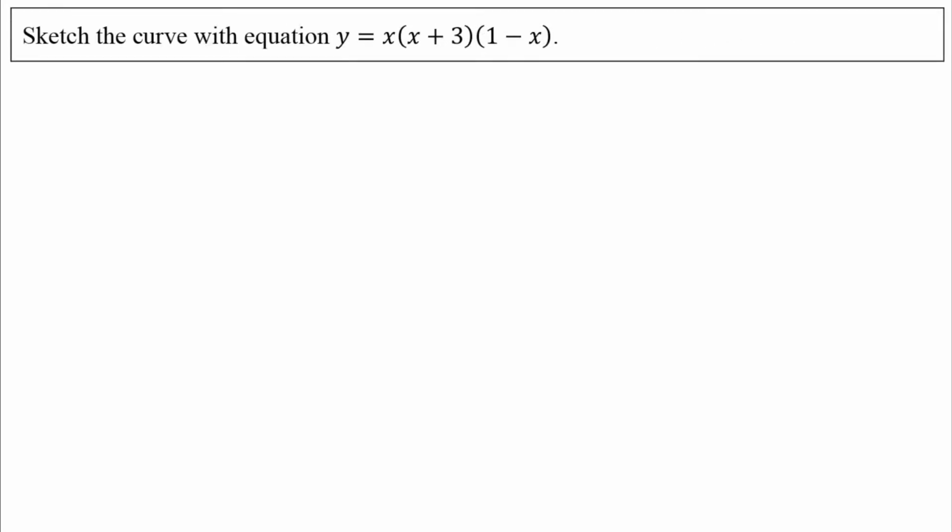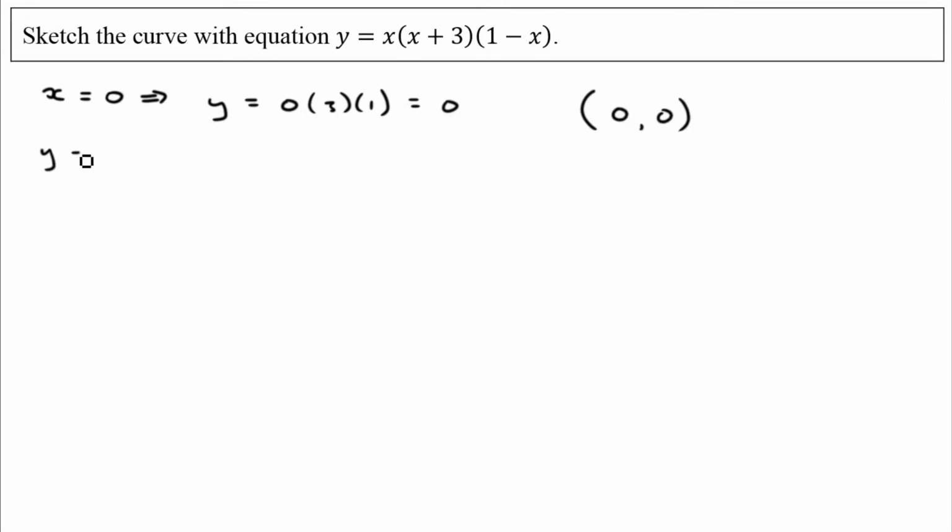In this example, we have to sketch the curve with the equation y equals x times (x plus 3) times (1 minus x). So we'll start with the same steps. When we have an x of 0, that means we have a y of 0 times 3 times 1. Well, that is still 0. Therefore, this curve passes through (0, 0).